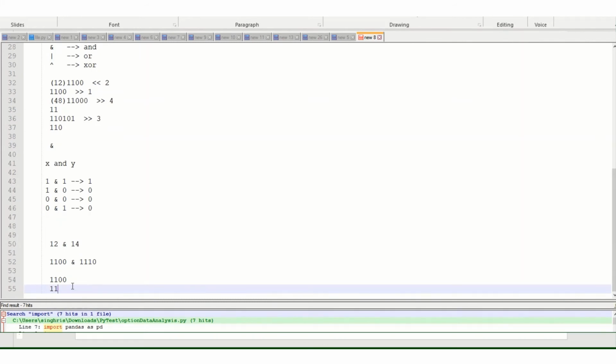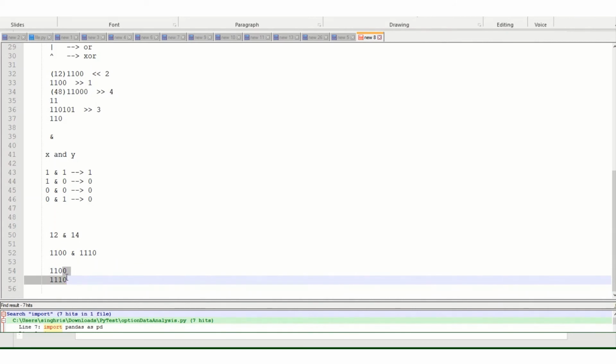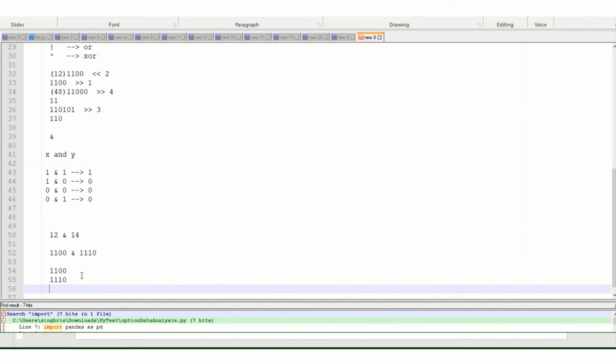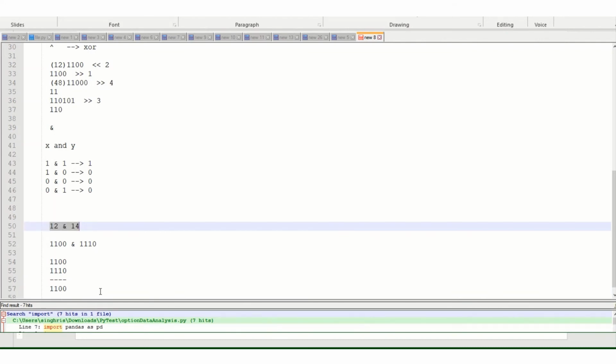Bitwise AND will be done for these two numbers. 0 and 0 will be 0, right? 0 and 1 is again 0. 1 and 1 is 1. So if you do the AND operation of 12 and 14, you will get 12.